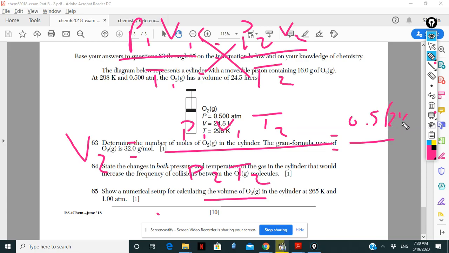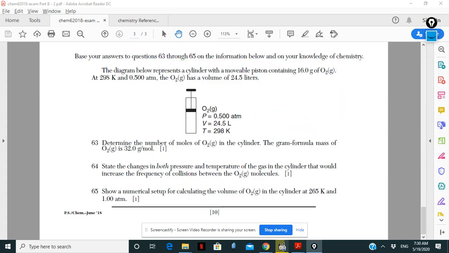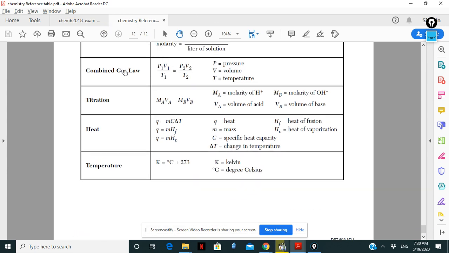Times 24.5. What was the temperature later? That's 265. Now, what was the second pressure? 1. What was the temperature first? 298. So that's the numerical setup, and I use the combined gas law. You can find it here, the combined gas law, that's the one I used.